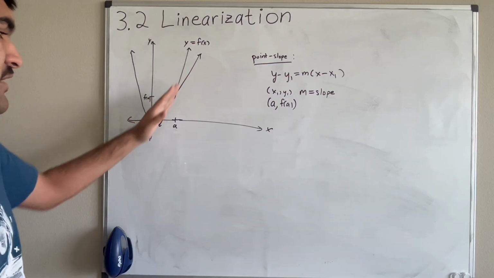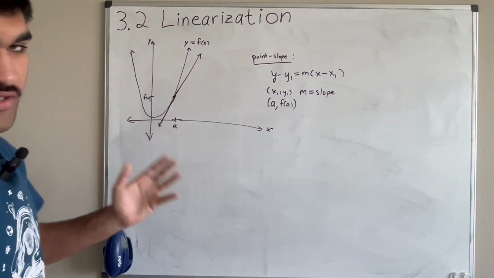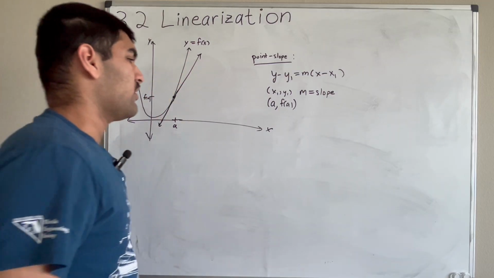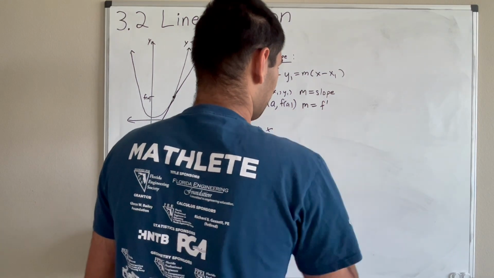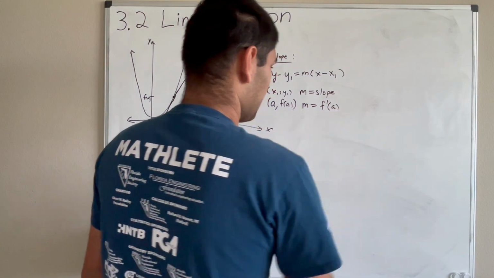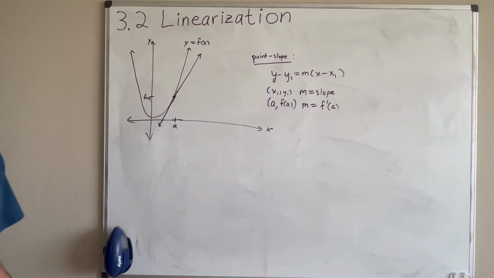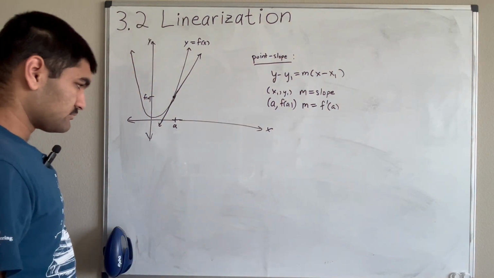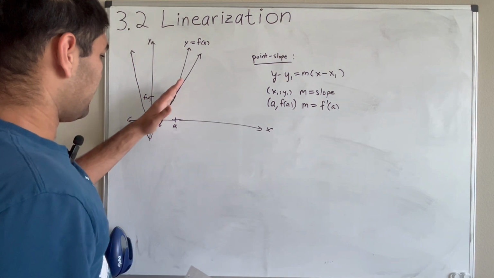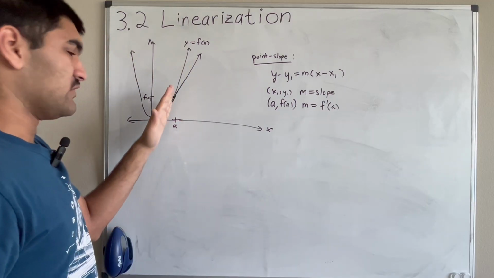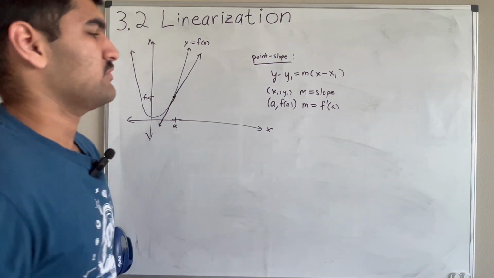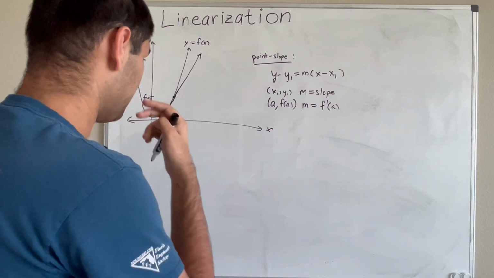Well, it is a tangent line to the graph of f, so we could use the derivative. And so therefore, the slope of this line is simply the first derivative of f evaluated at x equals a. So it's just f prime of a, because this is the tangent line to f at x equals a, and so by definition, that is equal to f prime of a. Okay, so that is the slope.